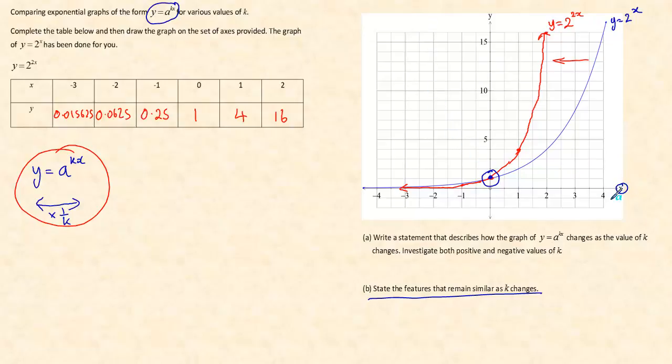So the x-axis is always going to be a horizontal asymptote. It's just that when k is greater than 0, as it is here, it will be the negative x-axis that's the asymptote, and when k is less than 0, not less than or equal to, just less than, it will go along here with the positive x-axis as the asymptote.